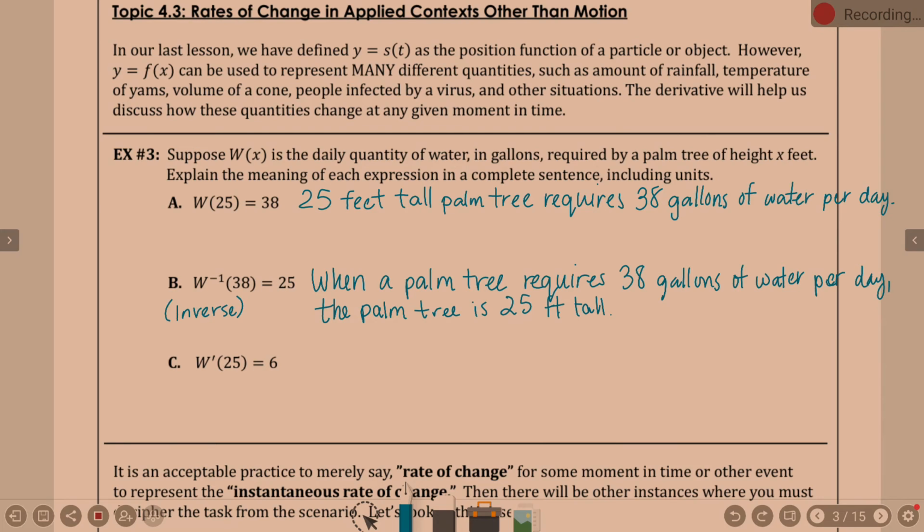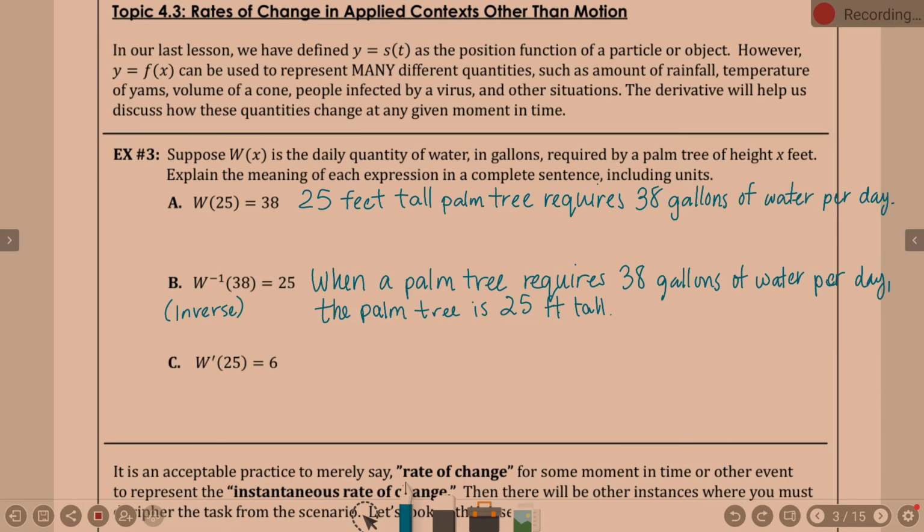It's because remember, derivative is rate of change, yes? And what is W? The gallons of water required per day, right? So this is the rate of change of the gallons of water per day. The input is still the 25, the height of the palm tree. So for a 25-foot palm tree, the derivative is positive, indicating that it is increasing.